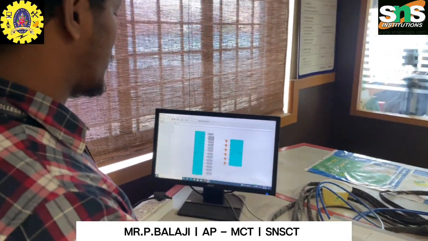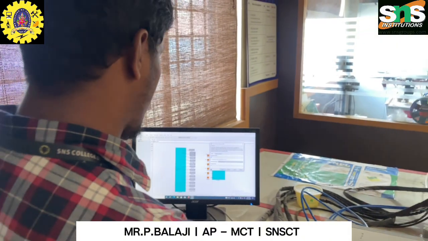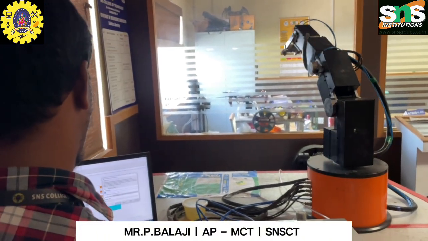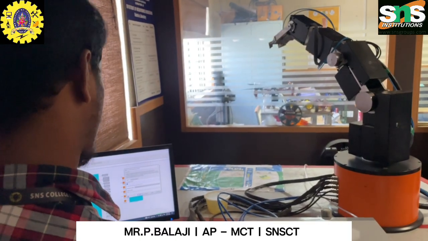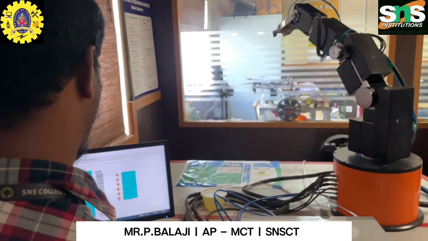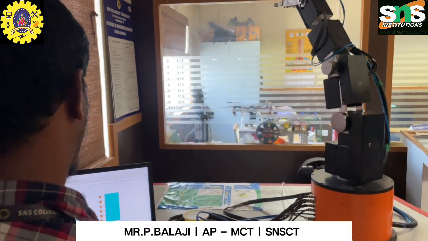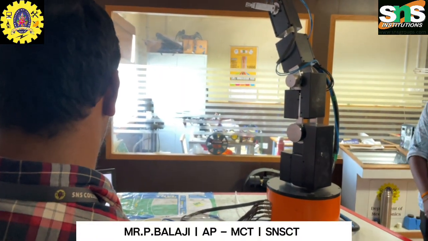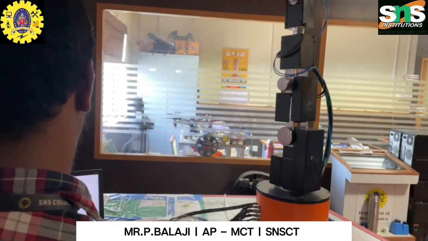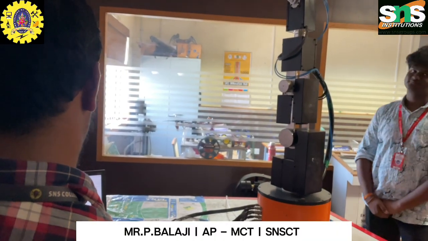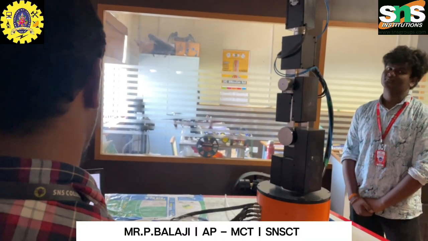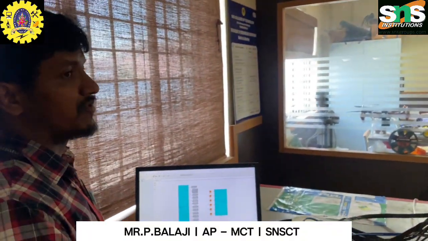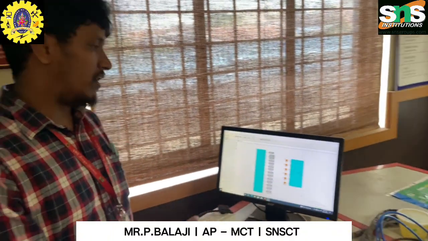So I'm going to give 0 for the first axis, 0 for the second axis, 0 for the third axis, and 0 for the fifth axis. So that comes under the initial position, and we can control it likewise.